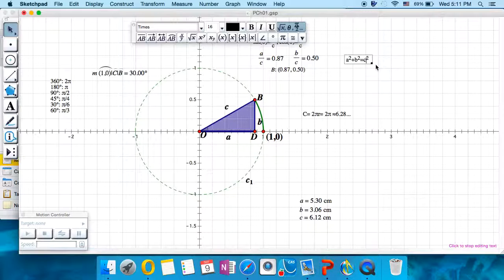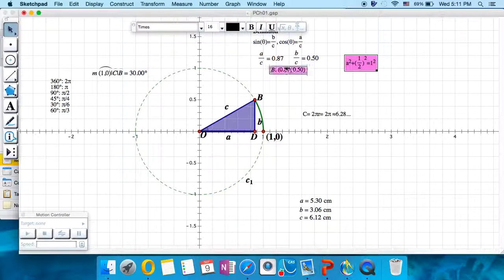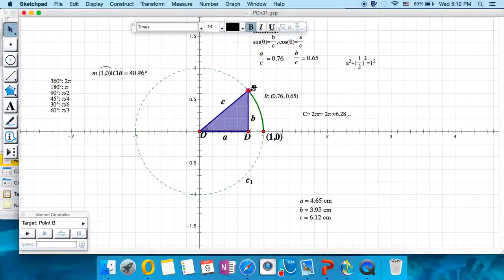So you have a squared plus (1/2) squared equals 1 squared. If you solve for a, you'll find that a is the square root of 3 divided by 2, which is about 0.87. And as you see, the coordinates of this point are exactly the same as cosine and sine.